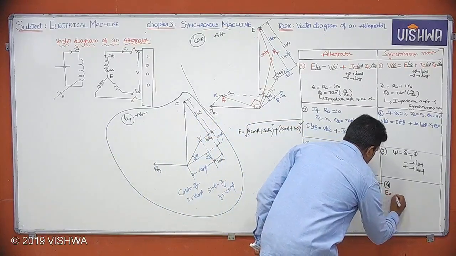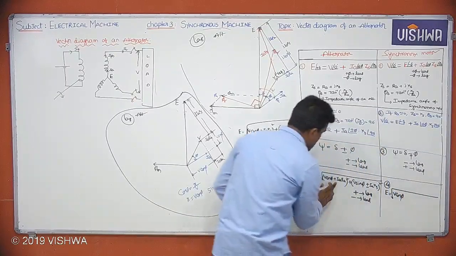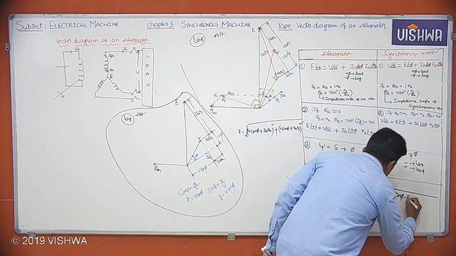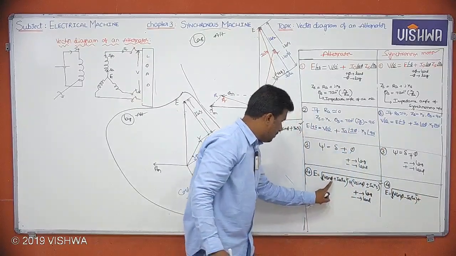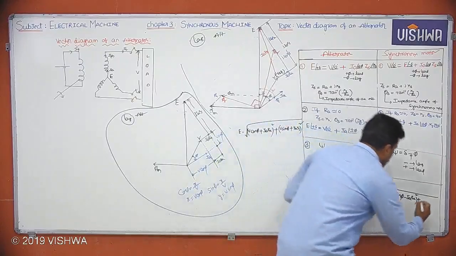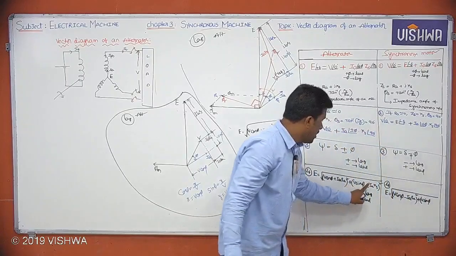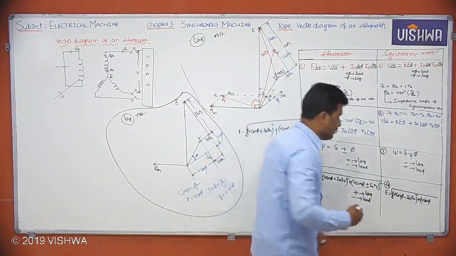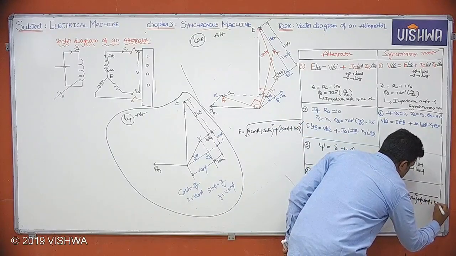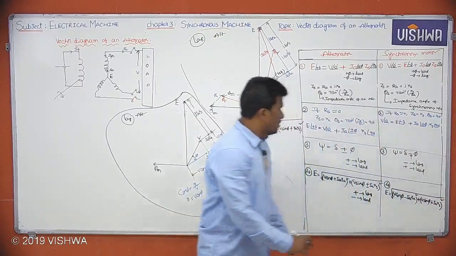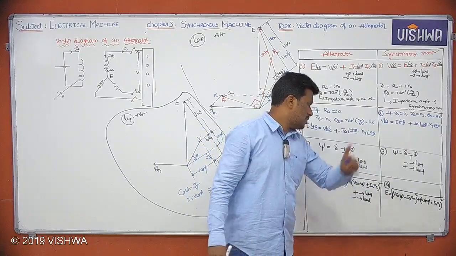Observe clearly: E equals square root of V cos phi, this plus becomes minus, IA RA whole square, plus V sin phi, plus or minus becomes minus or plus, IA Xs whole square.